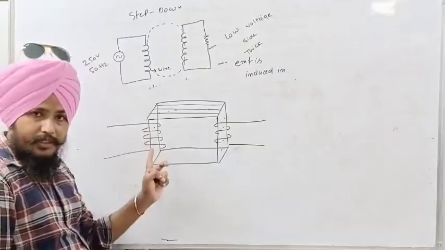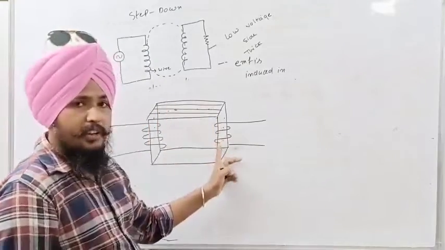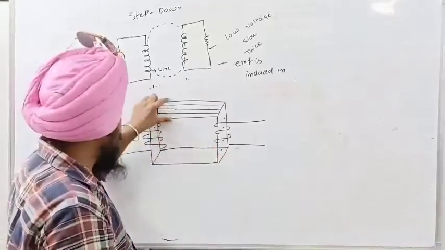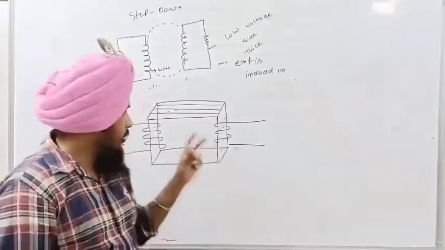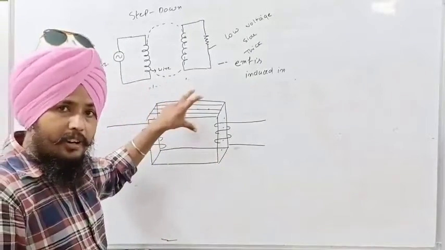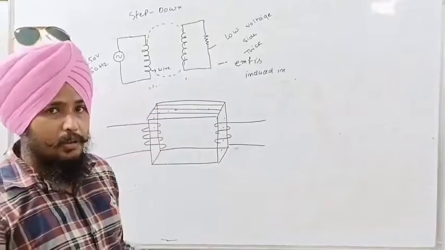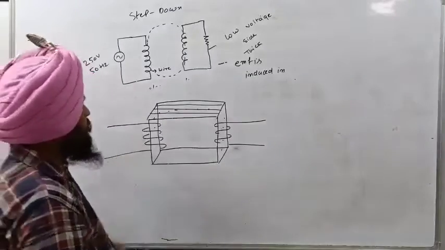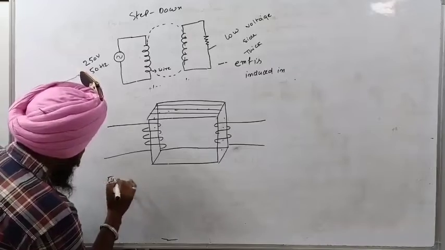Magnetic flux travels from the primary and ends at the secondary. The laminated cores are used for reduction of eddy current losses and hysteresis losses. Okay? And there are two points covered. Then go to the third point.